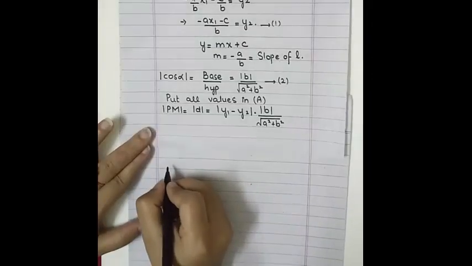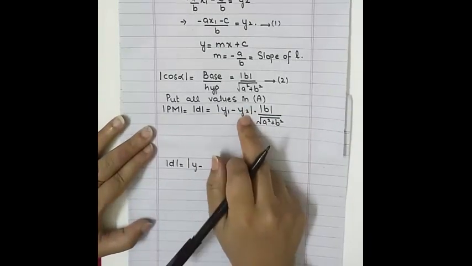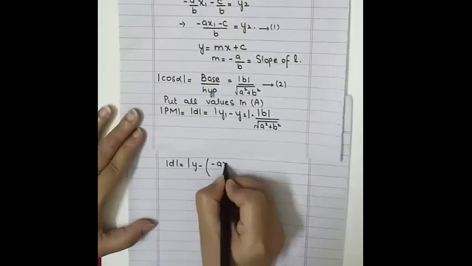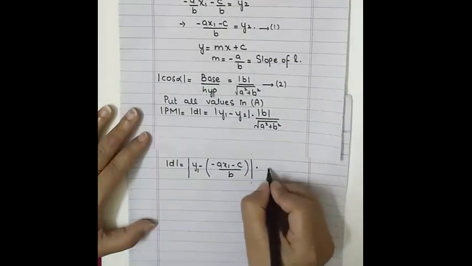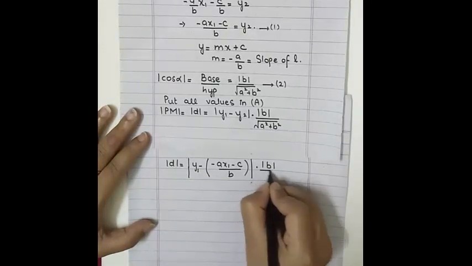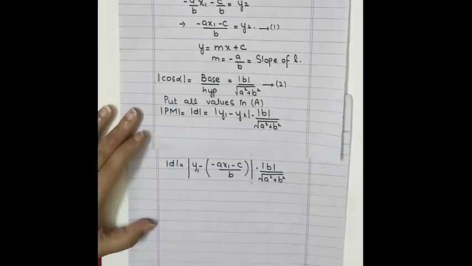Now d is equal to y1 minus the value of y2, multiplied by b over the square root of a square plus b square.